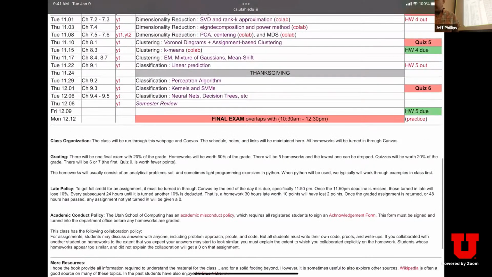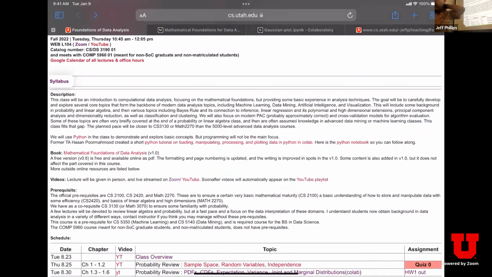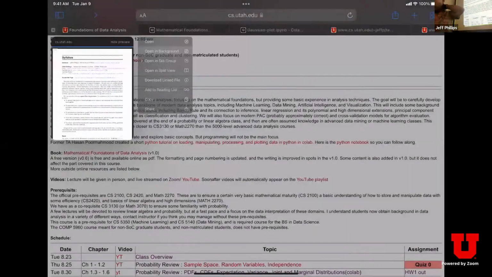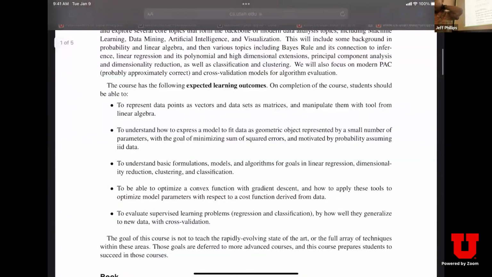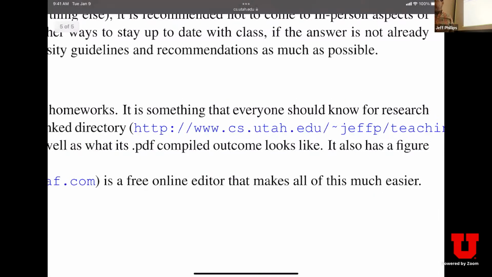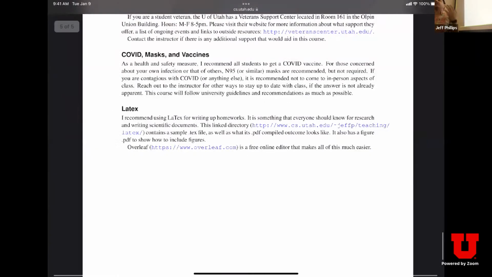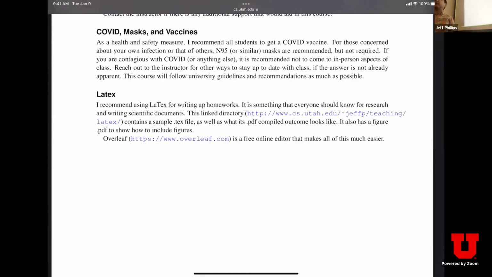The thing I did last year, which people found helpful, maybe it's in the syllabus, is that if you go to this link that's linked off my webpage, it's going to have a template of some form. I think it's for an older class I took.